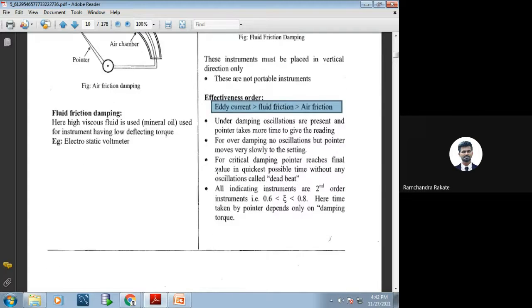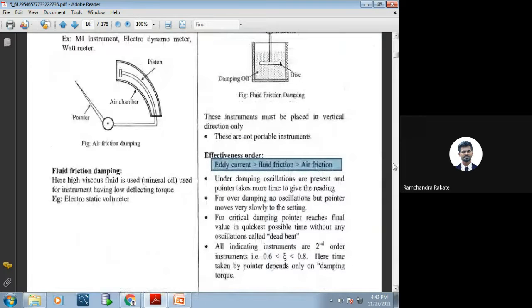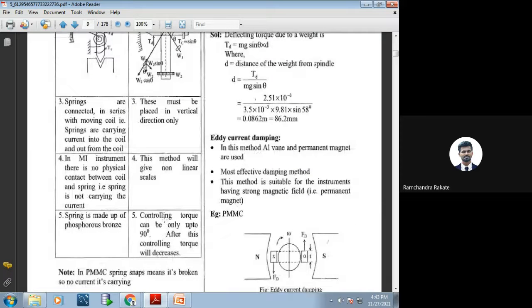Now, we have succeeded with the first part, that is the basic electrical instruments, where we covered indicating, recording, and integrating instruments.